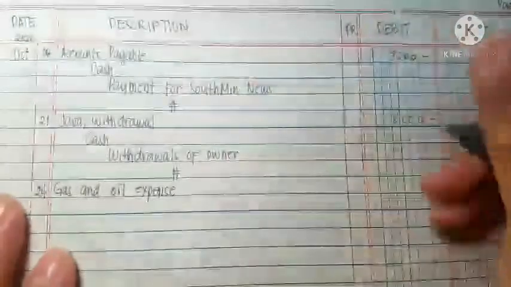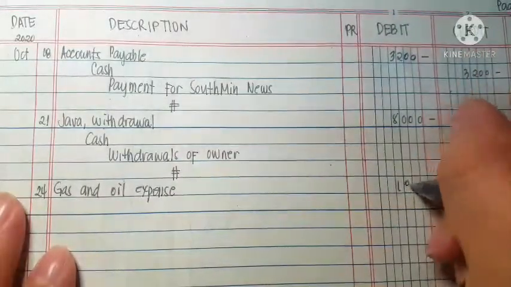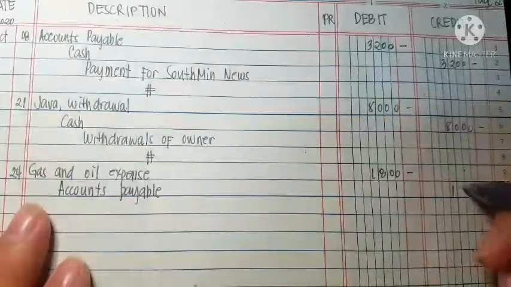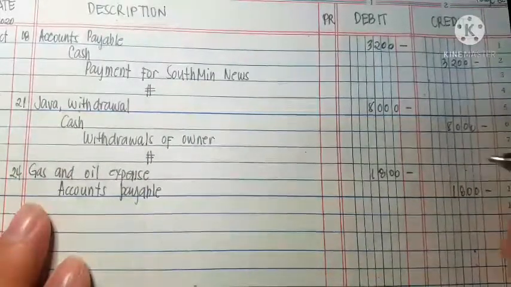October 24, we debit gas and oil expense for 1,800, and we credit accounts payable for 1,800. Explanation: receive bill for gas and oil.